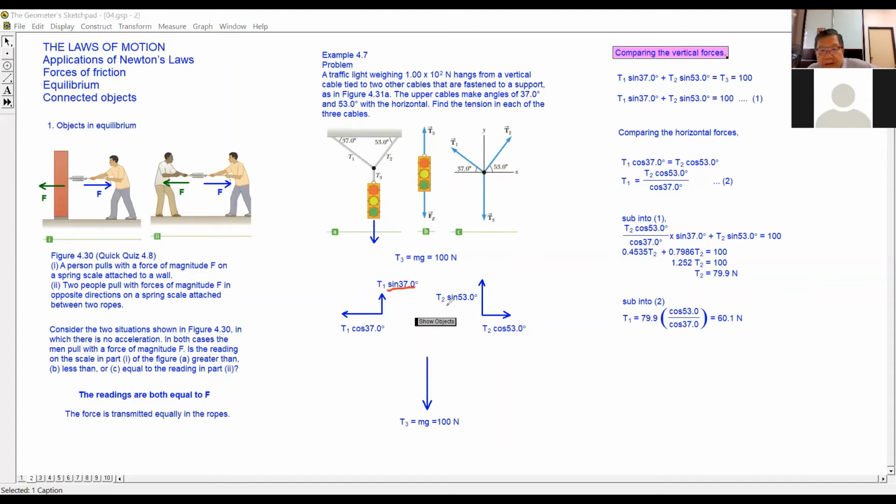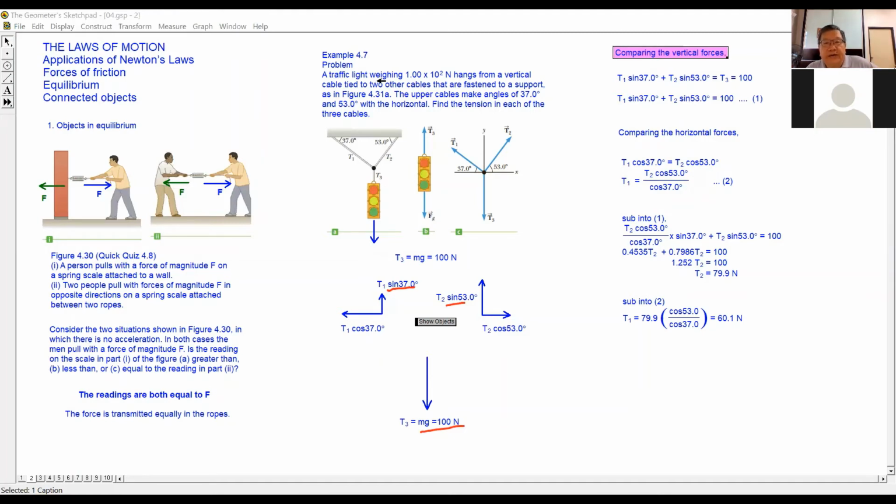These are the three vertical forces. How do they balance one another? T1 sine 37 plus T2 sine 53 equals 100 newtons. I keep this as equation number 1.